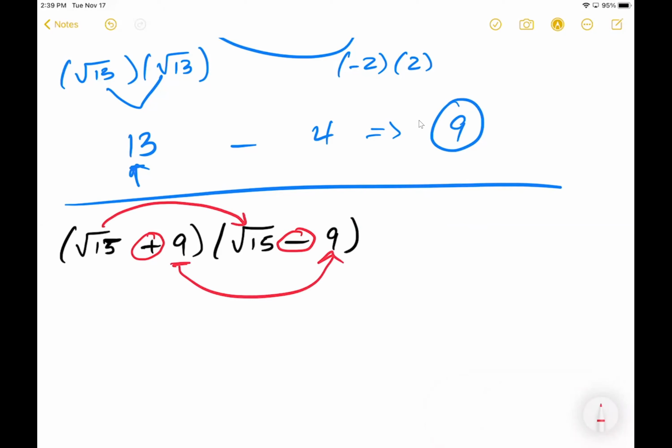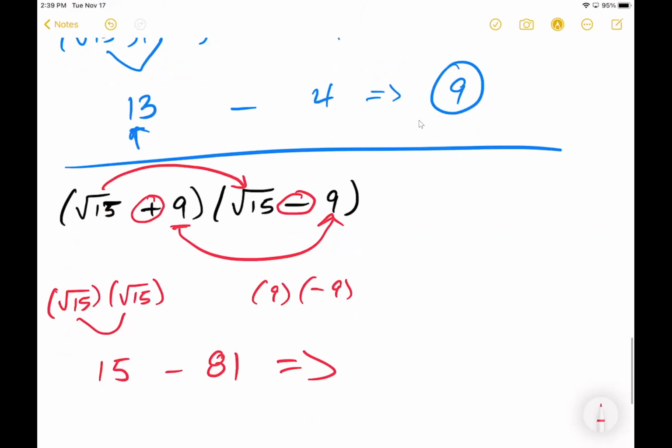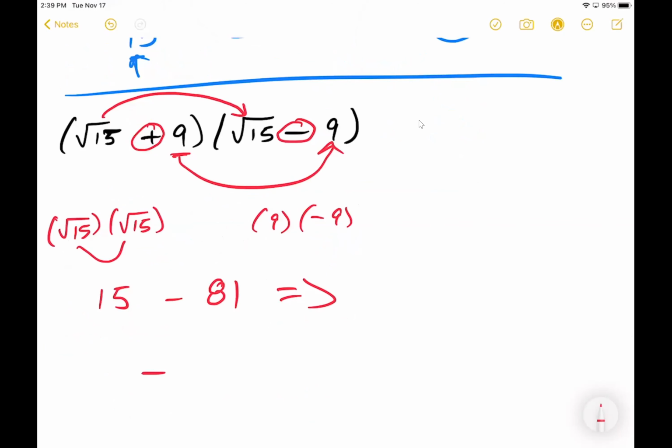And a square root of 15 times a square root of 15 will give you 15, because 15 times 15 is 225. Square root of 225 is just 15 on the outside. And 9 times a negative 9 will give me a negative 81. So what is 15 minus 81? Well, 15 minus 81 will give me a negative 66, right? So that's what we have, okay?